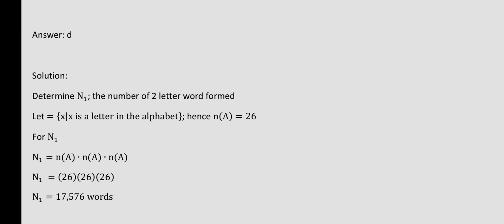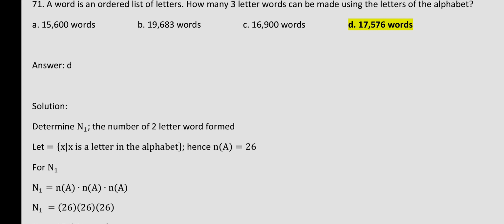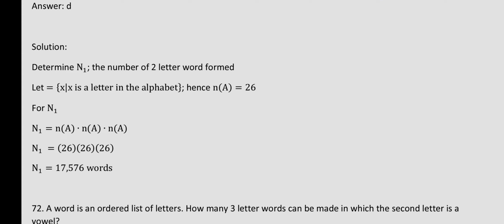Tapos, mag-let ka daw dyan ng x such that x is a letter in the alphabet, hence n of A is 26. Yung number ng alphabets dun sa group. Mga letter, number of letters in the alphabet.